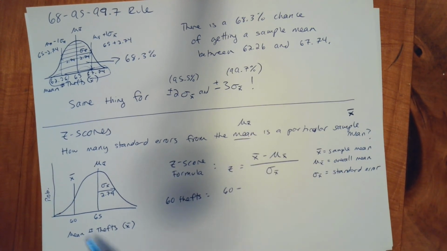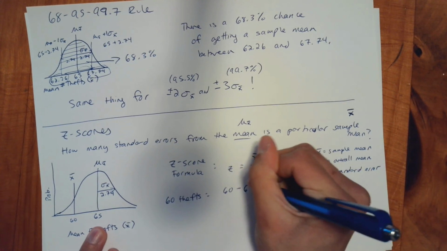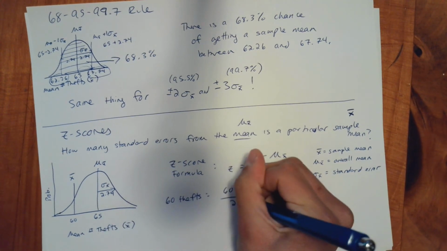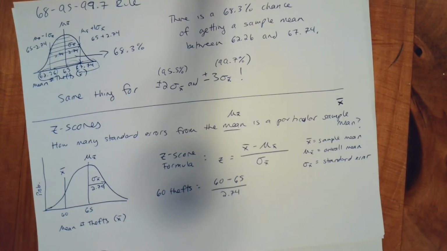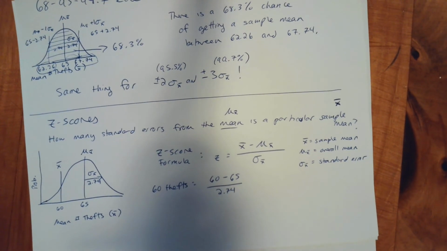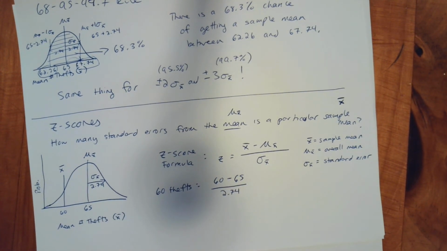Next, we're going to subtract our overall mean here in the sampling distribution, which is 65. And finally, we're going to divide by our standard error. And our standard error is what we calculated, which is 2.74. So one thing, if you're doing one of these problems, just remember to use the standard error, which you may have to calculate yourself first, and not the standard deviation for the variable. You want to use the standard error for the sampling distribution.